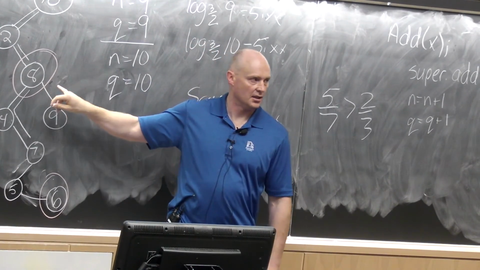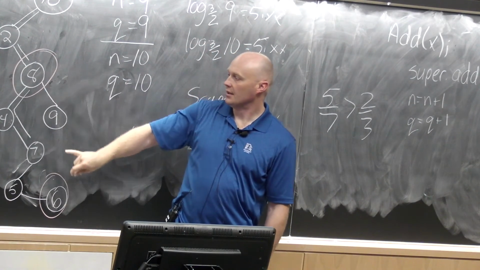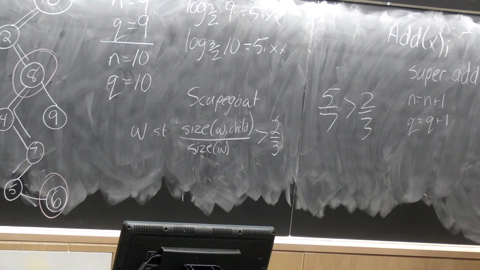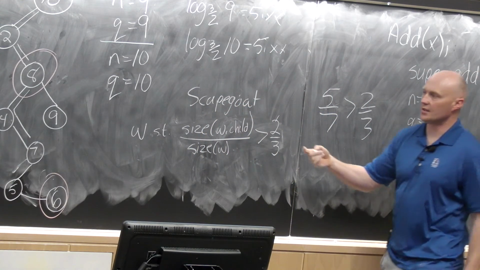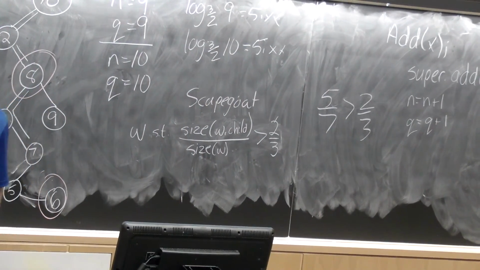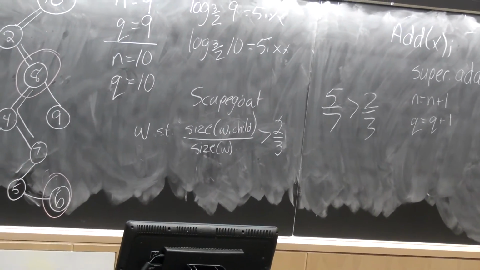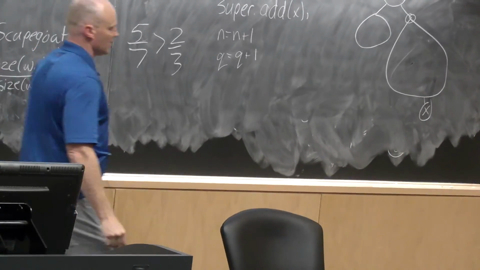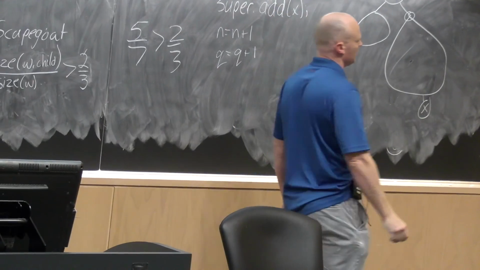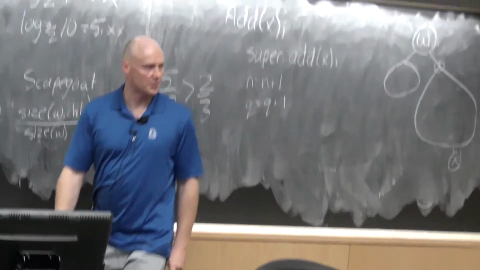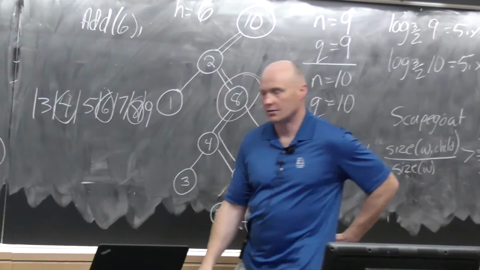But if we're rebuilding a subtree, then it's O of n, but we can get a tighter bound than that, because it's the size of the subtree, which is not necessarily the whole tree. And we're going to show, using amortized analysis, that it's linear in the number of nodes that you touch when you do all these operations. But I'll show you that in a minute.